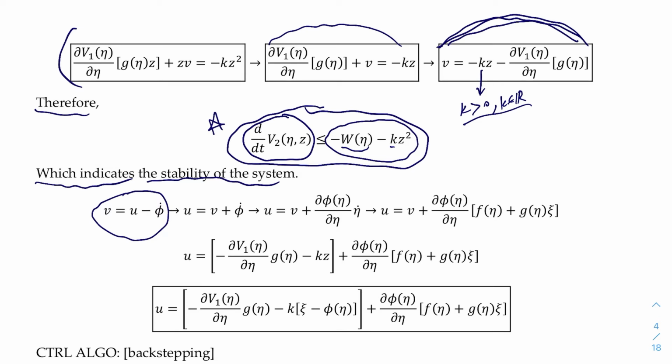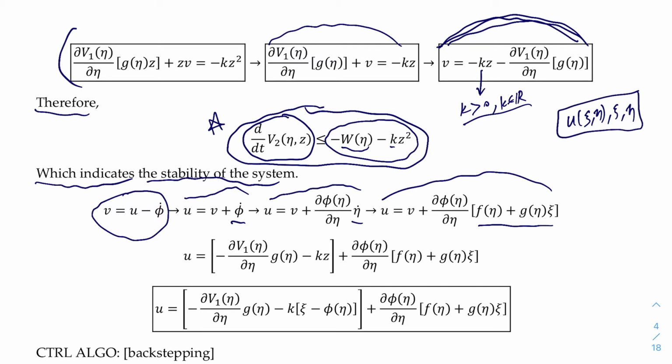Now we are going to just recover u. Okay, again a simple algebraic manipulation. Okay, let's expand this phi dot expression. Okay, and here there's eta dot, and what's eta dot? And now we write that in the original problem, right? Eta dot in the original problem. Okay, because remember, in the original problem we have u of xi eta and eta, and we have this in the original problem.